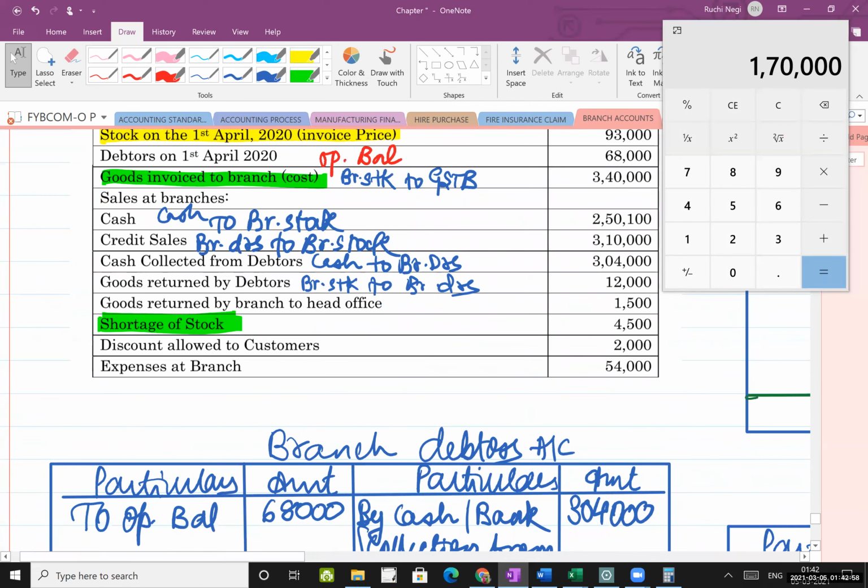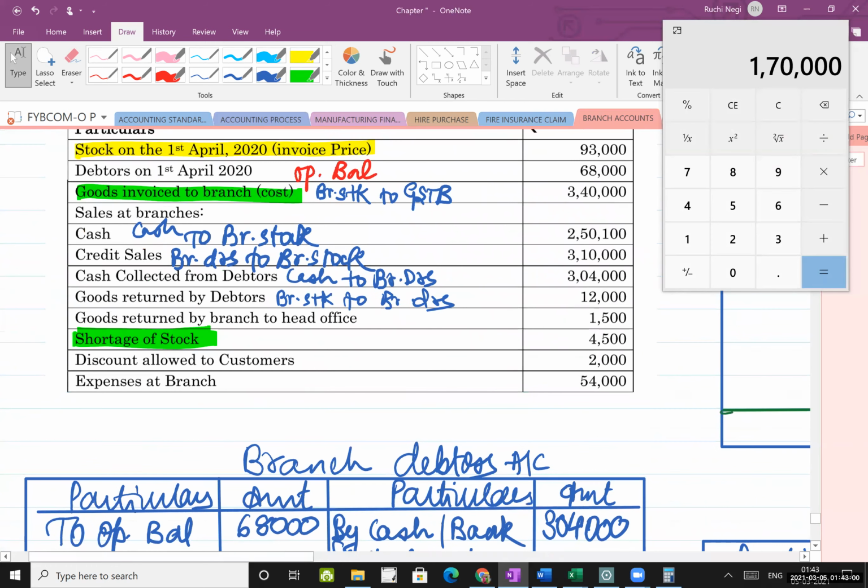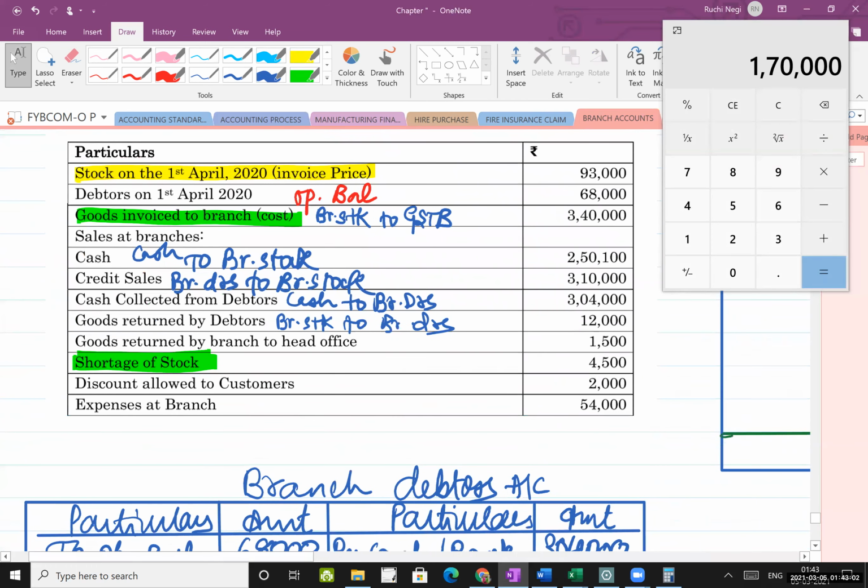Next, goods returned by branch to HO. Okay, this is which entry, you know, this one. This is the return of this entry. Okay, so reverse it. GSTB to branch stock.